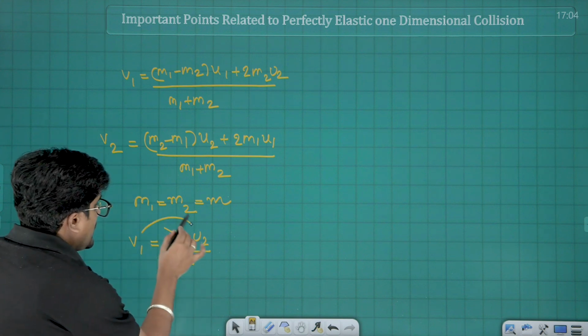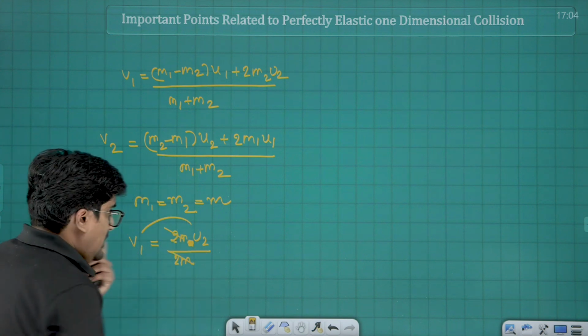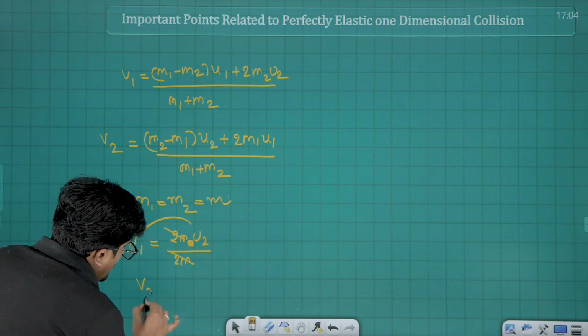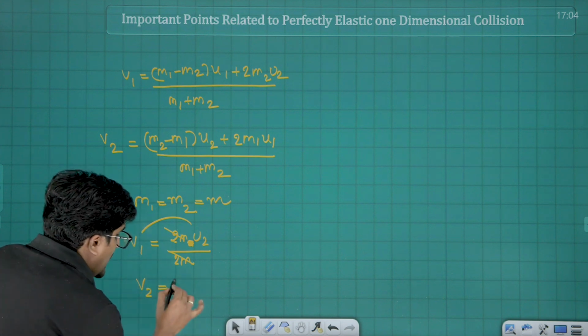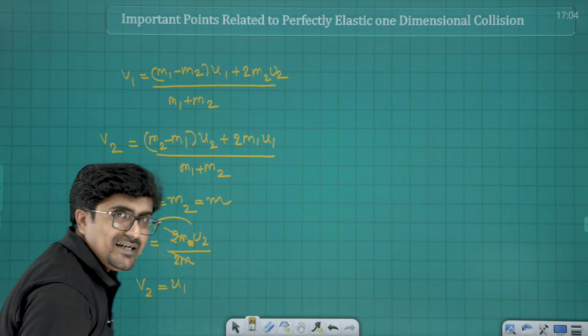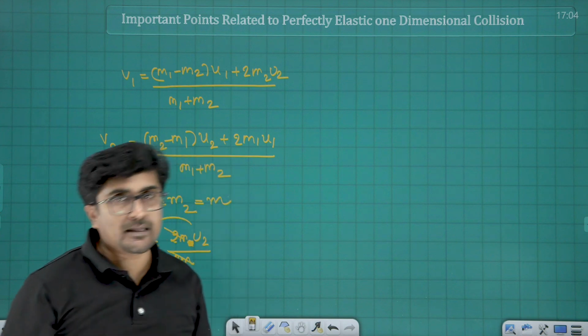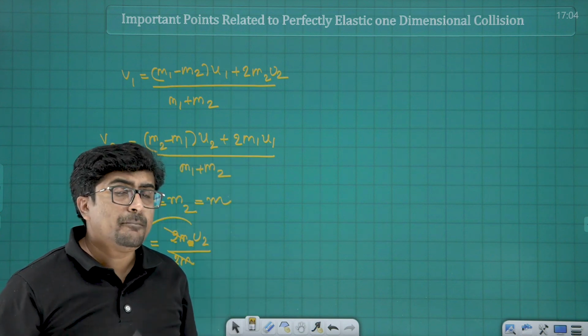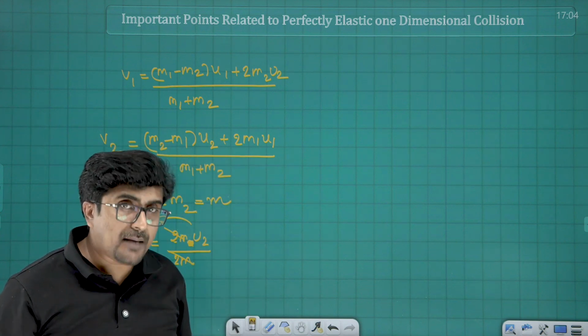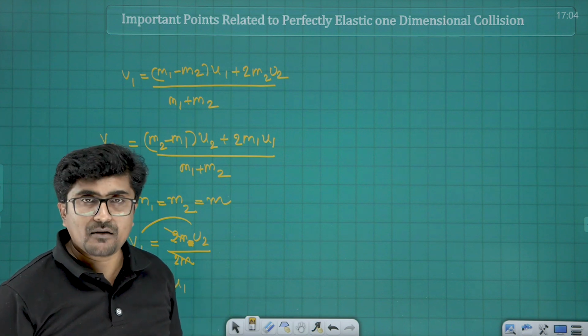So v1 is going to be u2. In the same way, if you solve, you are going to get v2 as u1. So basically, if mass is the same, then velocity exchange will happen.